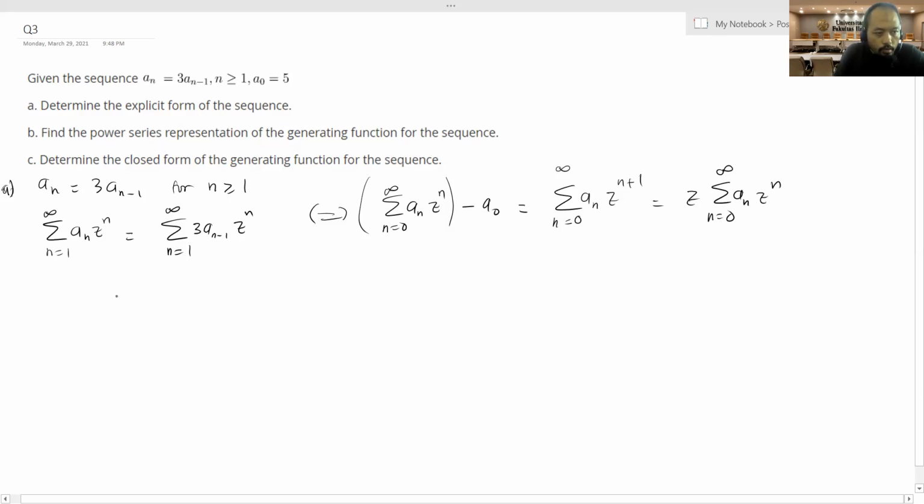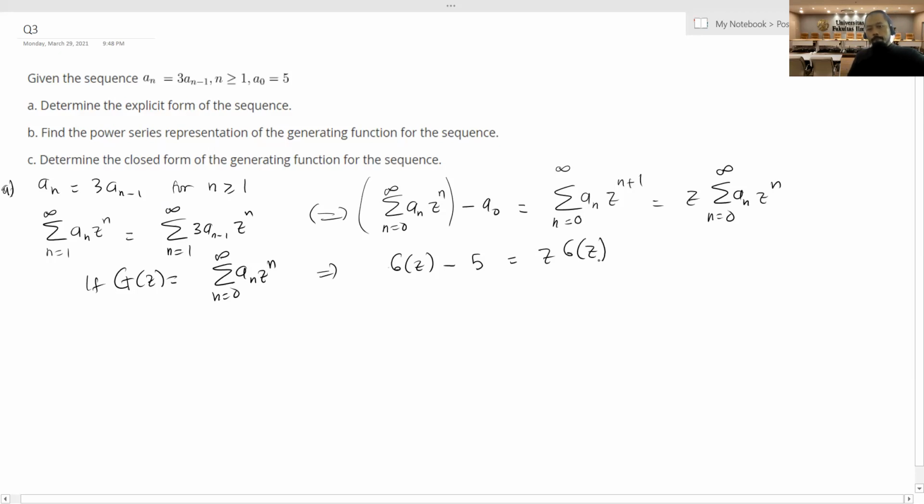If g(z) is equal to the sum of n from 0 to infinity a_n z to the power of n, then this becomes g(z) minus a_0, which is 5, is equal to z g(z).